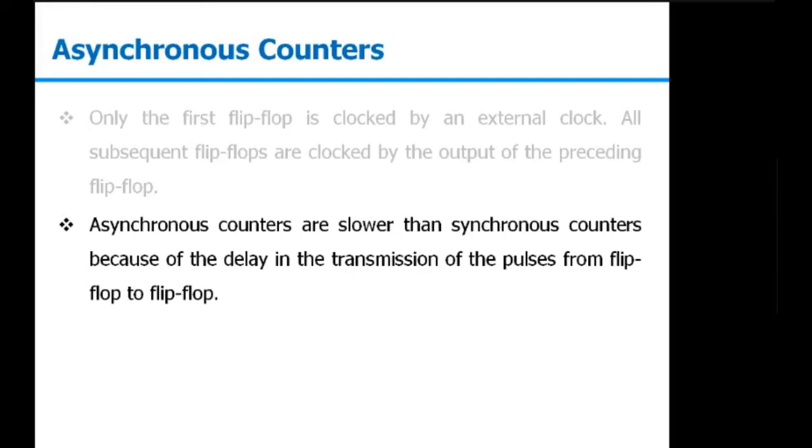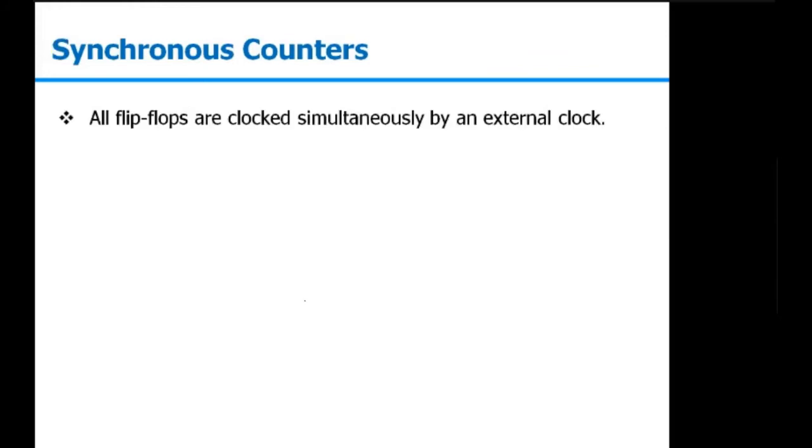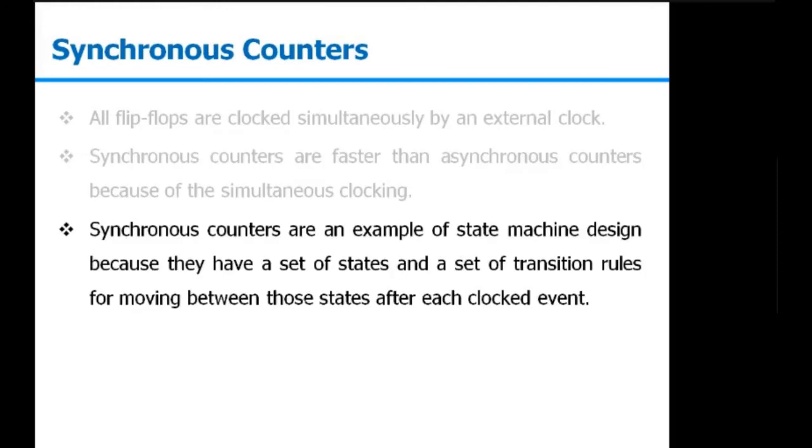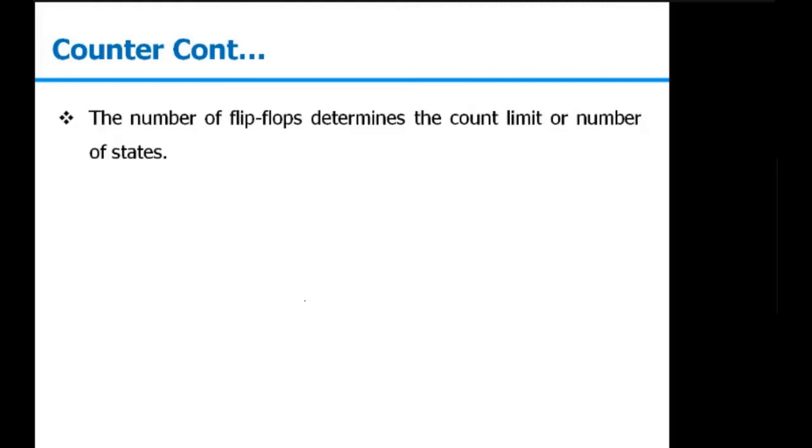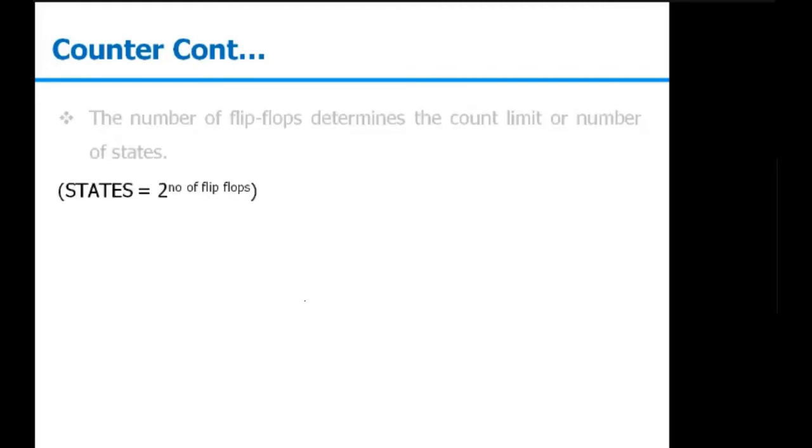In an asynchronous counter, the transmission pulse moves from the first stage to the last stage. In the synchronous one, all the flip-flops are clocked at once with a single clock. They are faster. Generally, synchronous counters are designed with the help of a state machine. The number of flip-flops determines the count limit. For example, for 2 flip-flops, the total states will be 4.